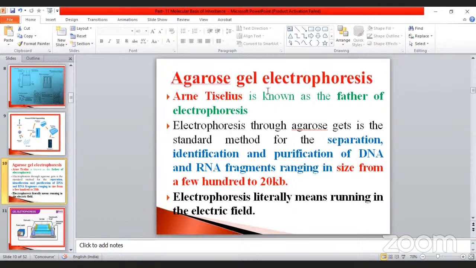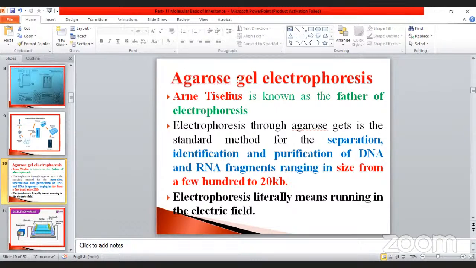Which molecule are we going to separate? The DNA molecule, into fragments in the form of bands through electrophoresis. So agarose is one of the solid supports used for electrophoresis. That's why it is called agarose gel electrophoresis.